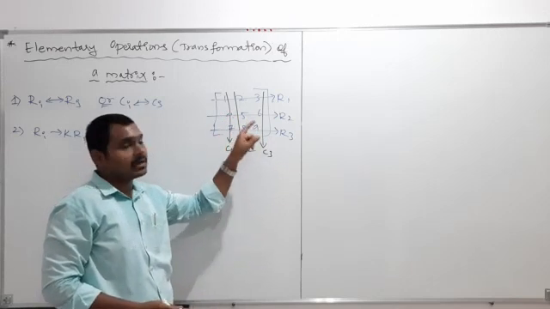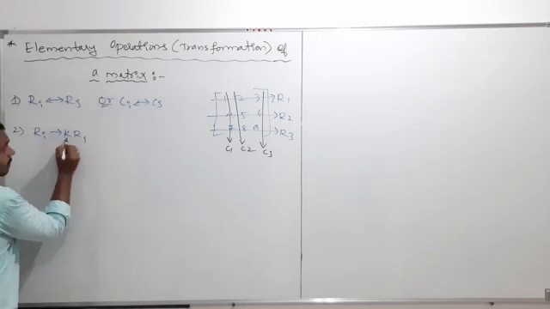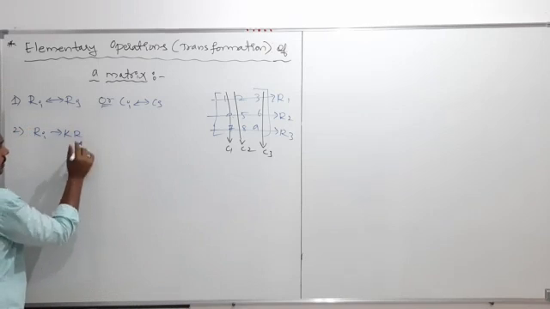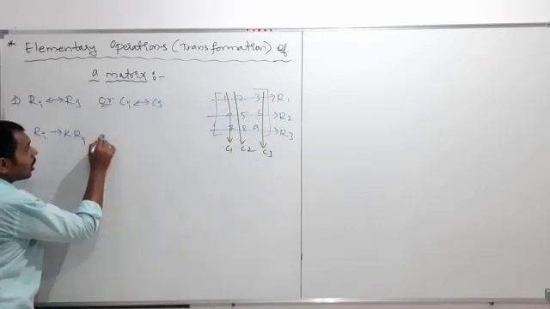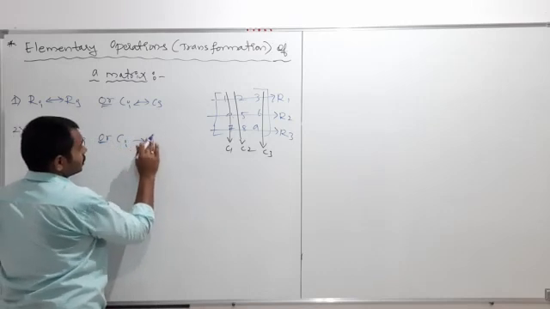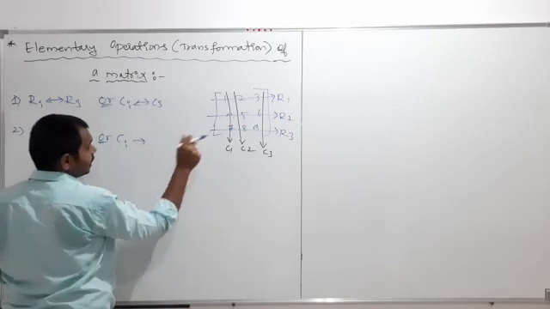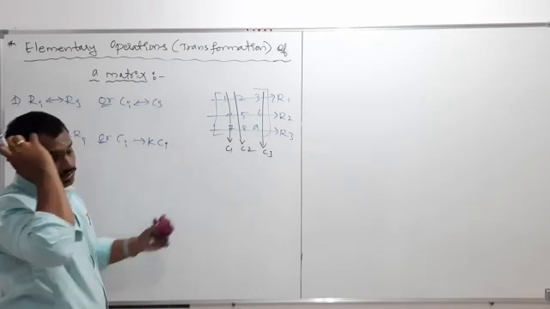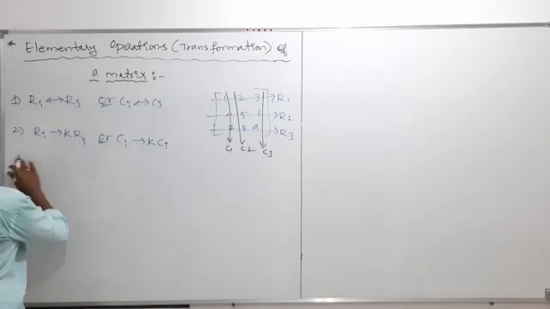Therefore I wrote this here. For any row you can multiply with a non-zero number, or for any column you can multiply with the constant, a non-zero number. Clear? Then also nothing will harm the given matrix. This is the second operation.